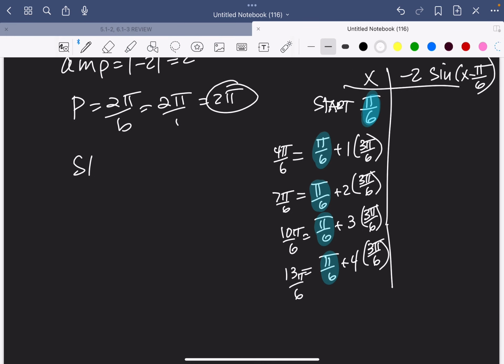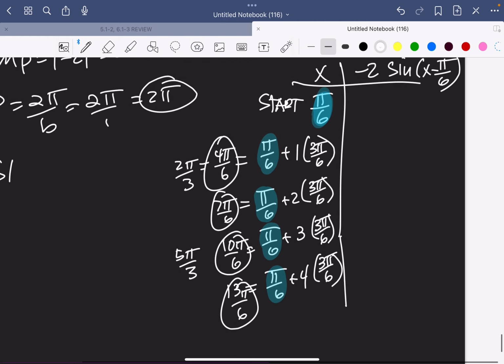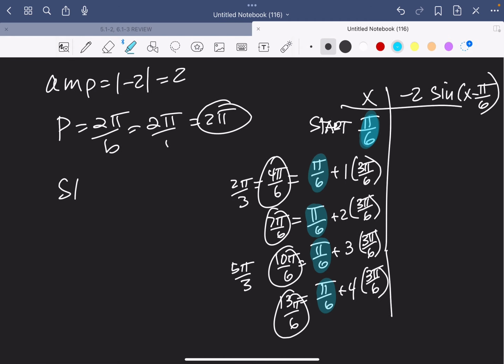Of course, we could write this as 2 pi over 3 if we wanted to, but I like that better. Of course, we could write this as 5 pi over 3. Again, I like this better because it really shows those steps in pi's over 6's. So what have we got over here? We've got our old values of sine that have each been multiplied by a -2.